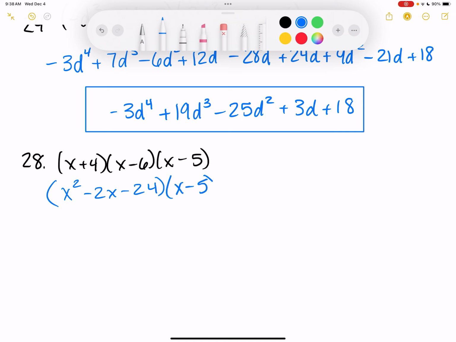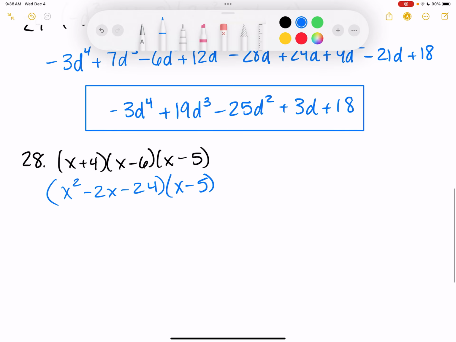So then now I multiply each piece by the stuff in the second one. So x squared times each of these things would give me x cubed minus 5x squared. And then multiply the negative 2x by the stuff over here: negative 2x squared plus 10x.